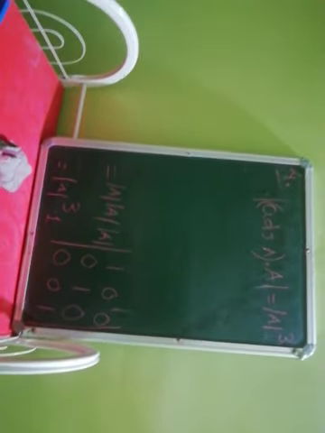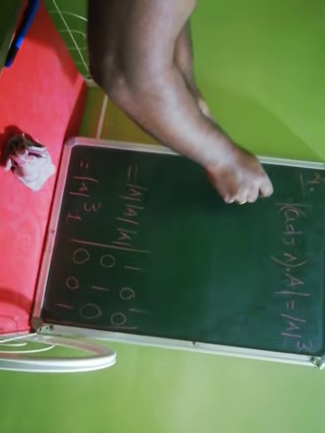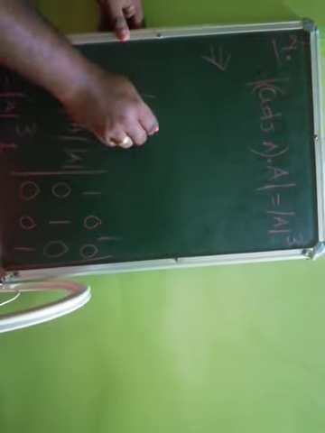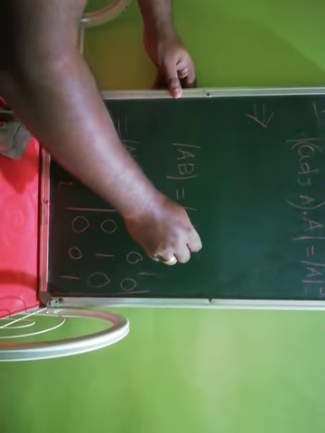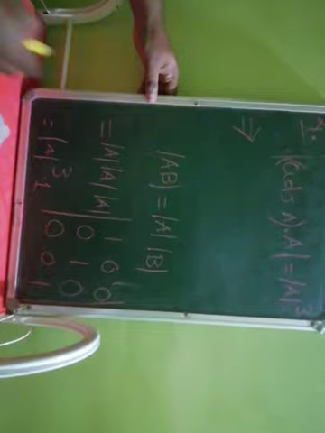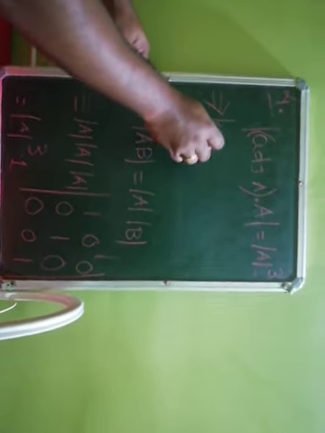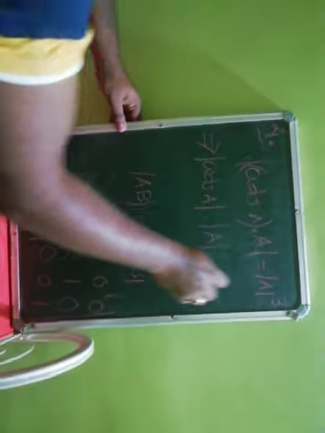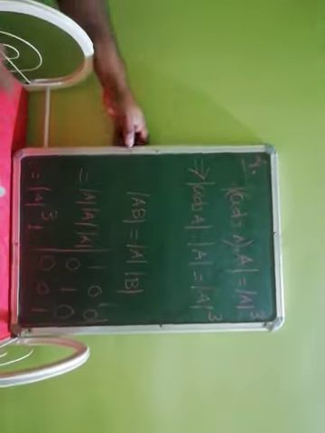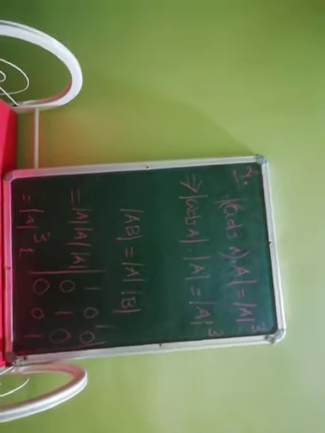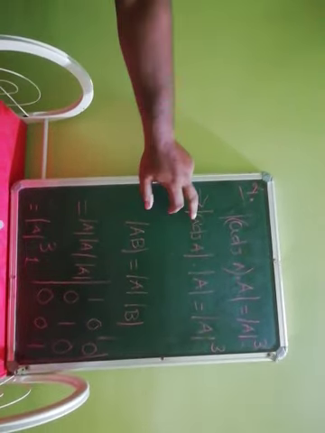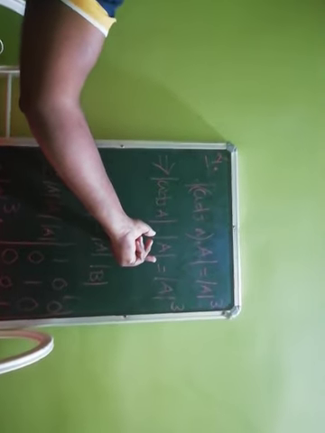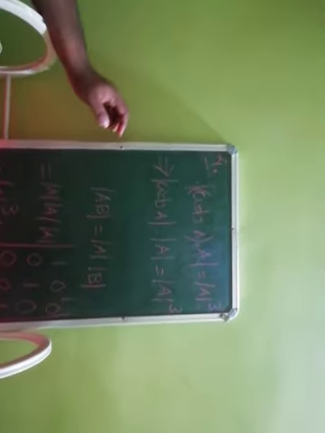Now we can use our previous concept, that determinant of AB is equal to determinant of A into determinant of B. So can we write here determinant of adjoint of A into determinant of A is determinant of A cube, or cube of determinant of A? I think this is correct. This is the determinant of matrix A, this is the determinant of matrix B.